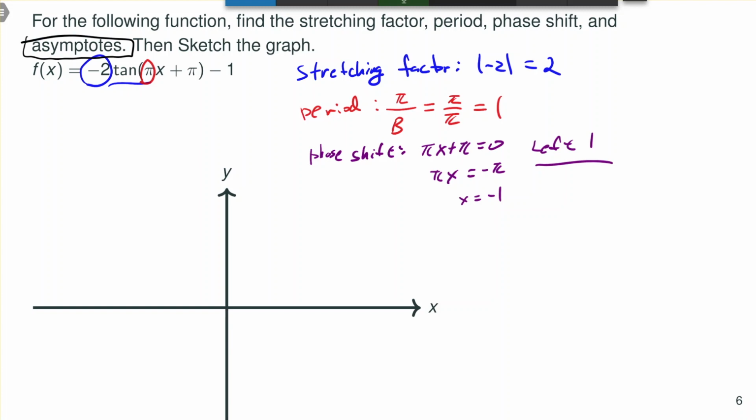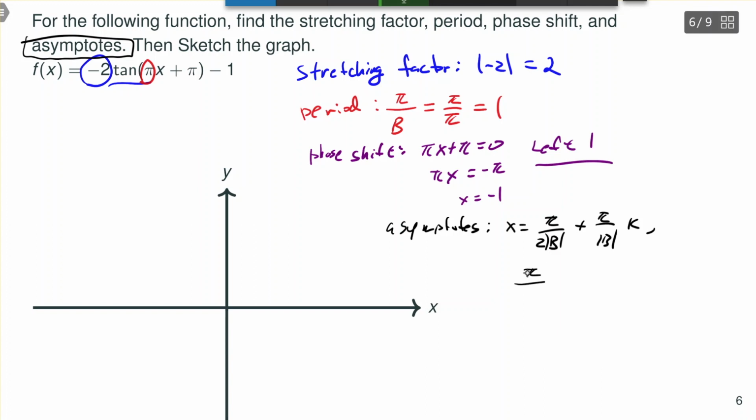The asymptotes occur at x equals pi over 2b, or absolute value of b if b is negative, plus pi over b times k, where k is an integer. Here, b is pi.